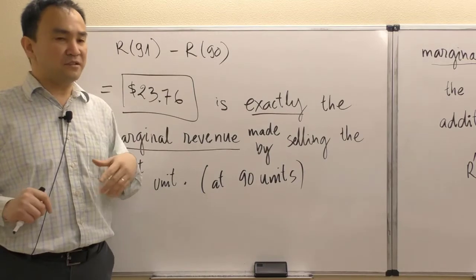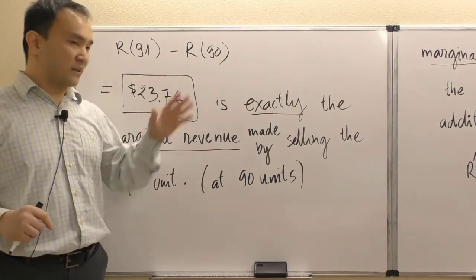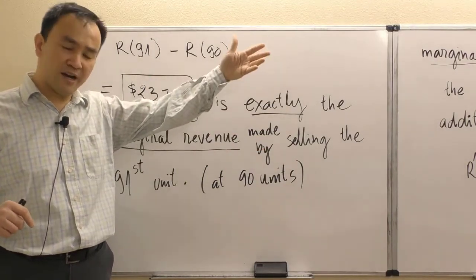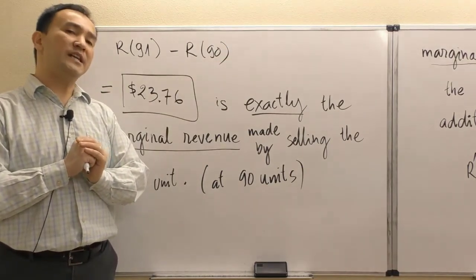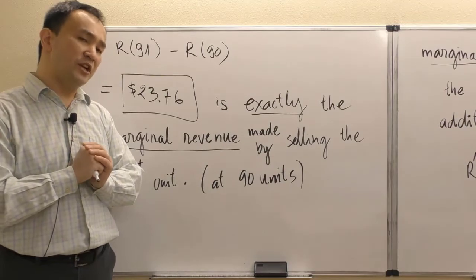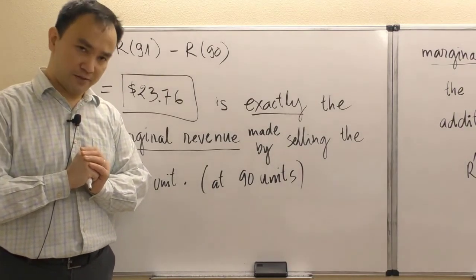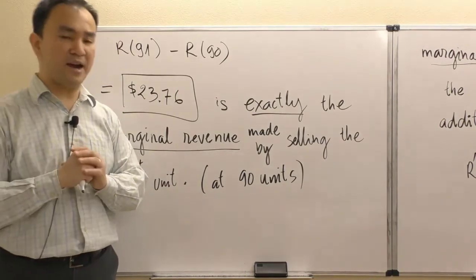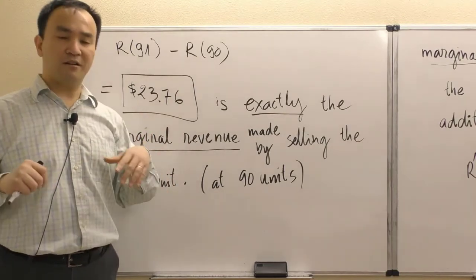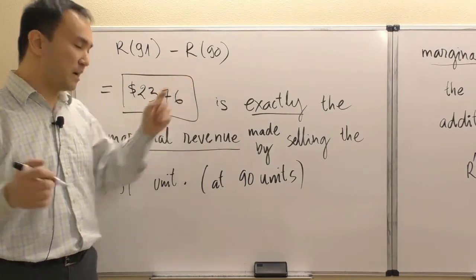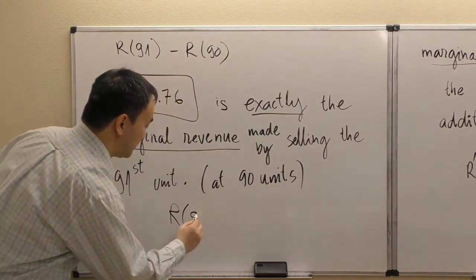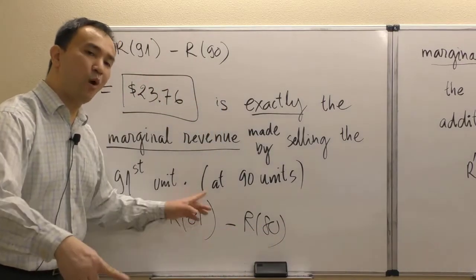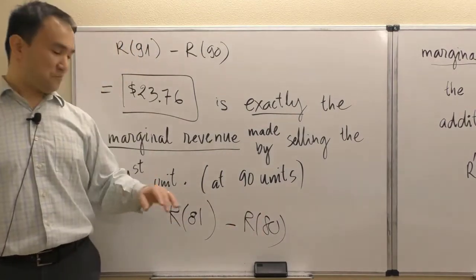Say the revenue of your business follows the function 31x minus 0.04x squared, and you ask yourself, what is the marginal revenue of selling the 81st unit? If you intentionally want the exact amount, you would compute R of 81 minus R of 80, because you're treating 81 as one additional unit away from 80. That's why we take that difference.